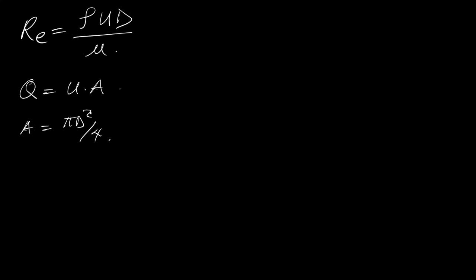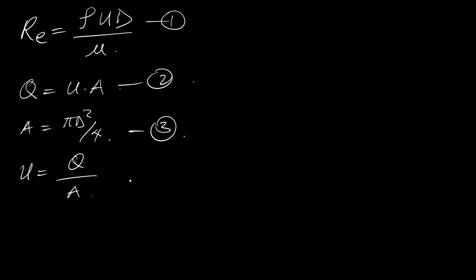we also note from this equation, let's say this is equation 1, equation 2, equation 3. From equation 2, the velocity of the gas is equal to the flow rate divided by the cross-sectional area. Now, substituting equation 3 into equation 4, you have velocity equal to 4 flow rate divided by pi d squared.